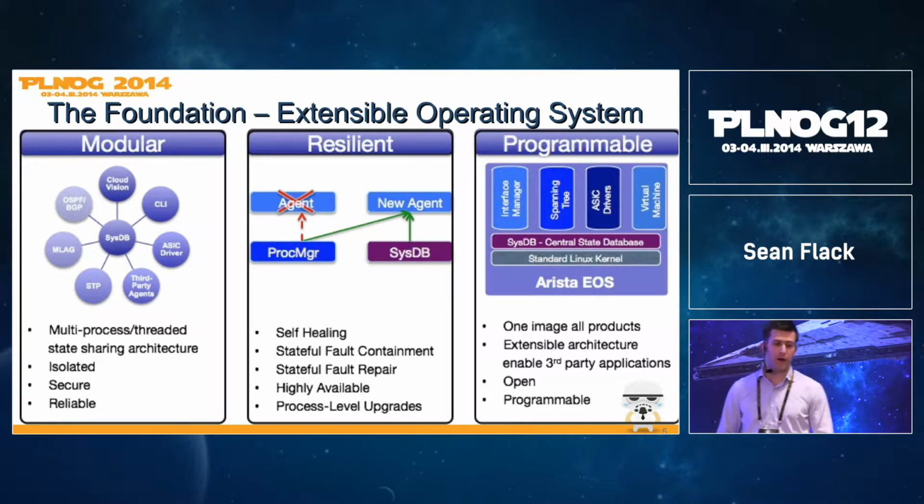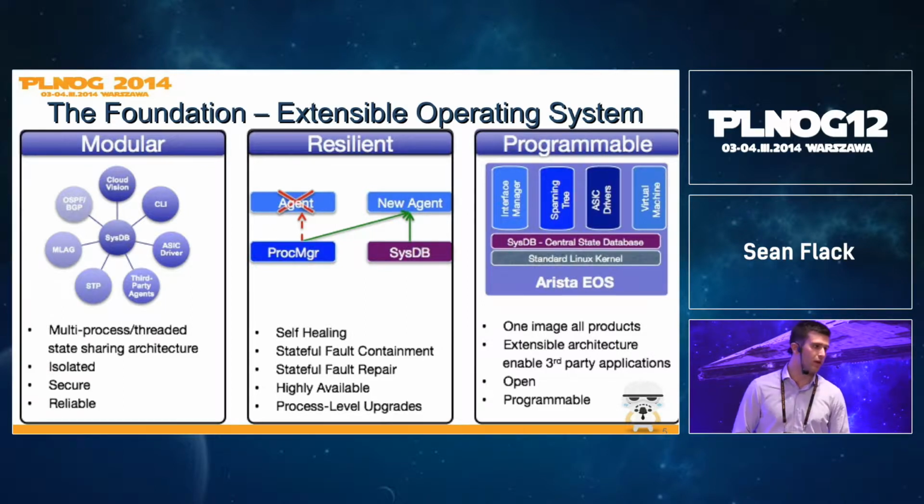So by looking back at the market and at how operating systems were created historically, we're able to start from the ground up. We started off in 2008 officially, and we didn't have decades of code behind us to put into a product.